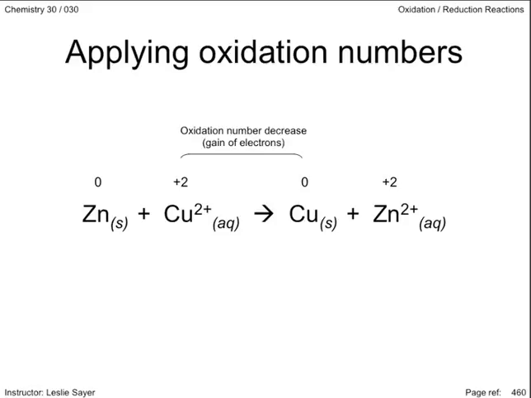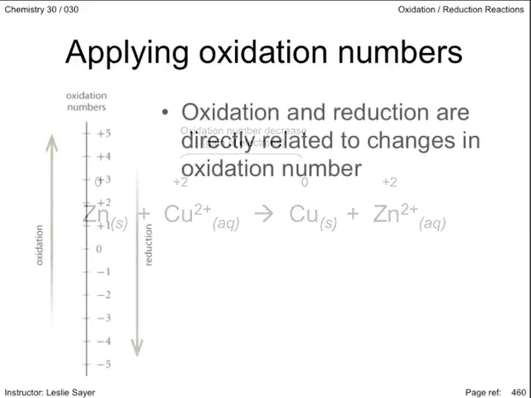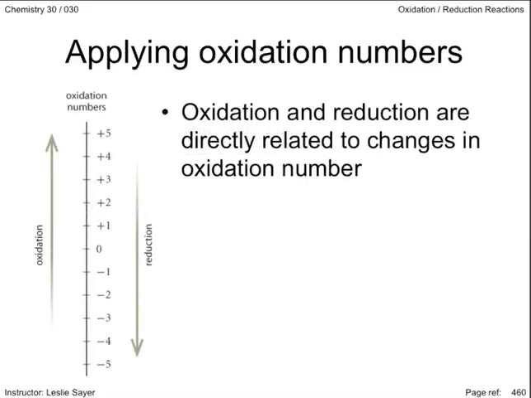When asked to identify the oxidizing agent and reducing agent, recall that the reactant being reduced is the oxidizing agent, and that the reactant being oxidized is the reducing agent. Redox reactions involve the movement of electrons in a reaction. This movement of electrons can be tracked by assigning oxidation numbers to the atoms in the reaction.